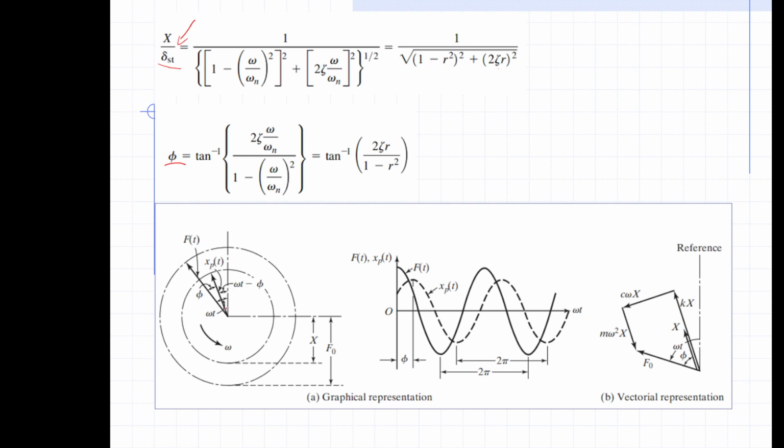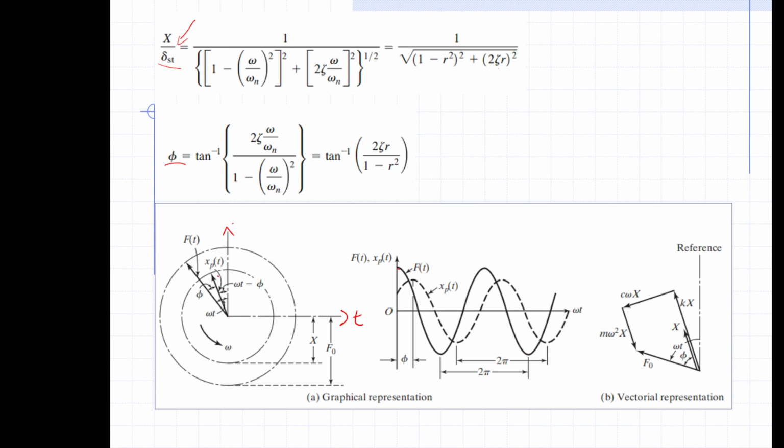So here is the vector representation. Let's say this is t, and this is the magnitude. So f of t is represented by a rotating vector. The magnitude of f on this axis would oscillate like this.